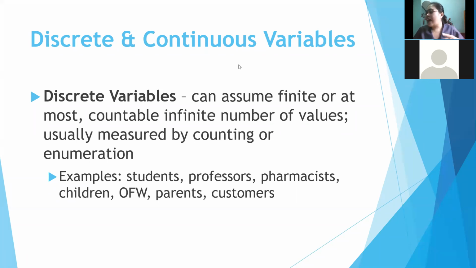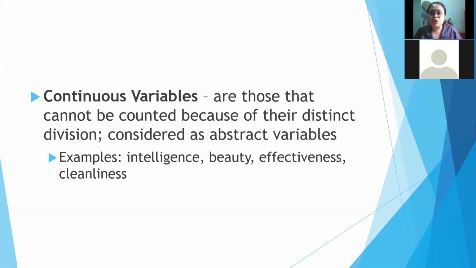Because we also have variables that we cannot count, and we call them continuous variables. Again, these cannot be counted, so they are considered abstract variables. Examples of what we cannot count: the first one is intelligence. We cannot count intelligence.